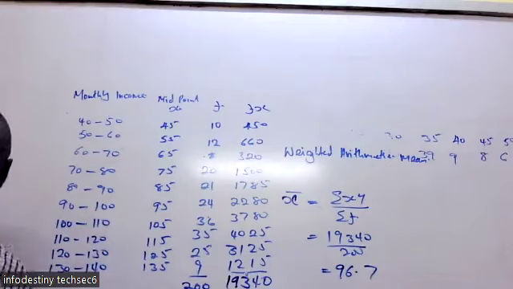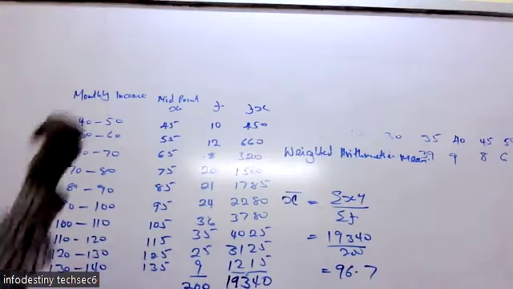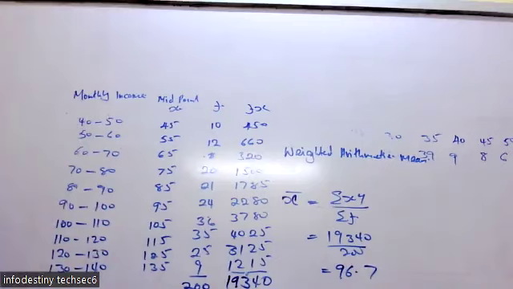If the relative importance of different items is different, then the weights are assigned to the various items in view of their importance.